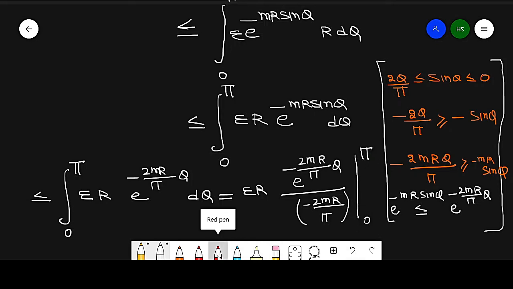Now in this case this r is cancelled with this r, and we get pi epsilon by minus 2m.